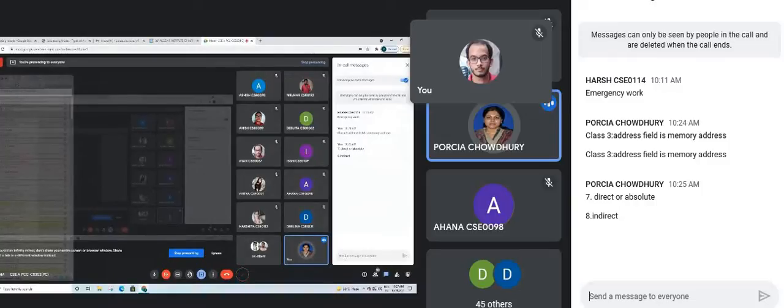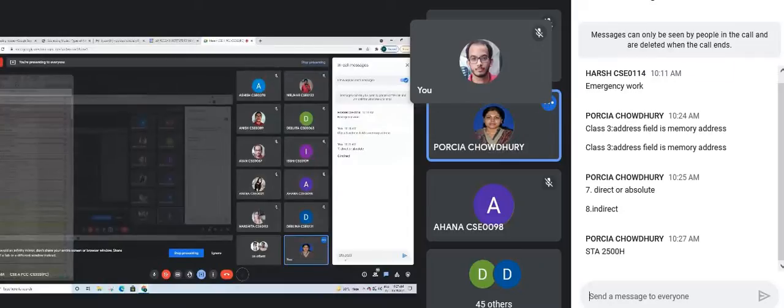Now let me give you one example. Suppose this is one example: STA 2500H. What does it mean? Store the content of the accumulator in the memory location 2500H.